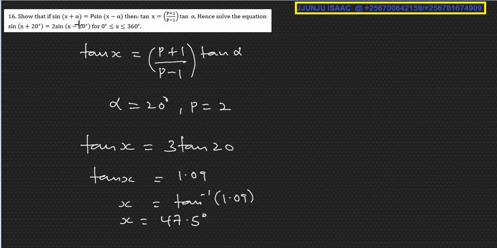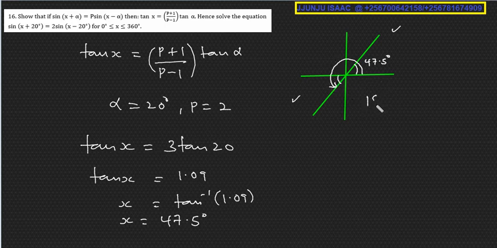And now we have a range from 0 to 360, but we need to look for the quadrant where tan is positive, which is here and here. So put the angles there. Then we move from here up to here. This is 47.5 degrees. Another angle will be this, that is 180 degrees plus 47.5 degrees.